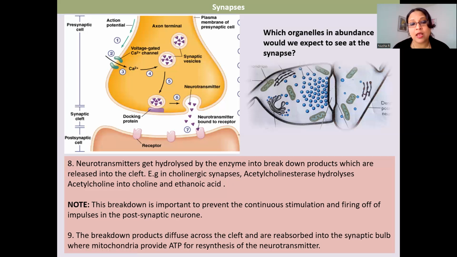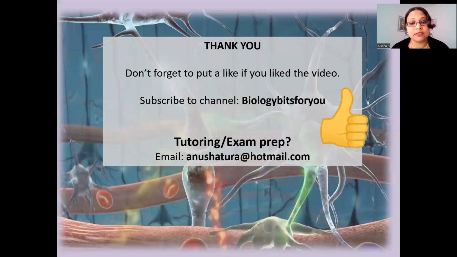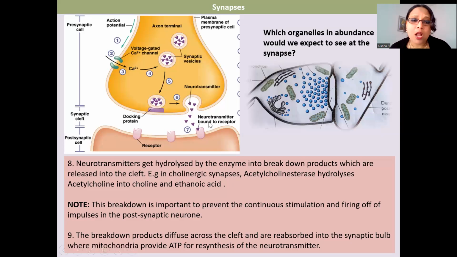They are then resynthesized into acetylcholine. It's very good for the cell to resynthesize, right? It's less wastage of resources. Let me just point out that this resynthesis of the neurotransmitter involves ATP from mitochondria.